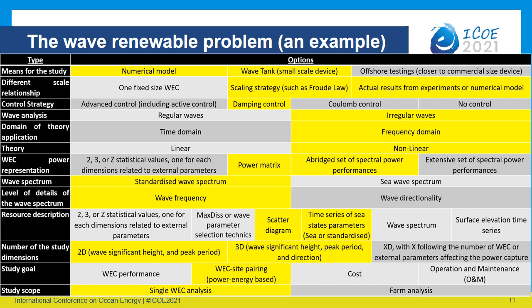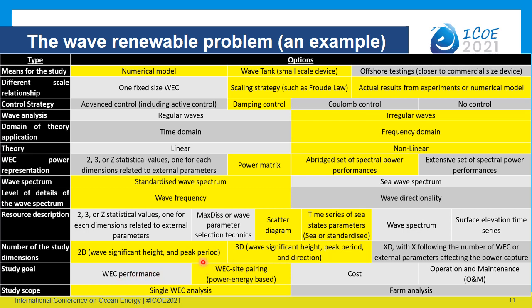Now, this will be the optimal use of this table, and this is an example that highlights one of the researches I am currently conducting. I am assessing a WEC individually, actually more than one, for site pairing, but only based on power energy analysis.